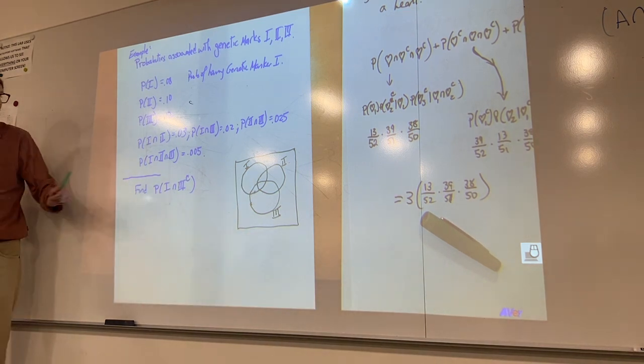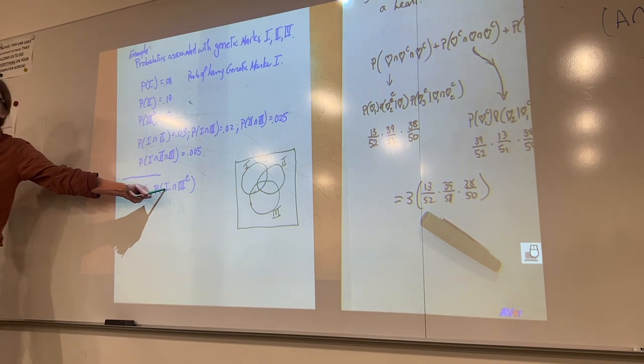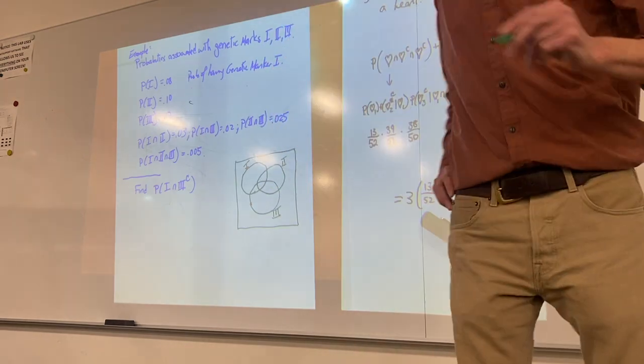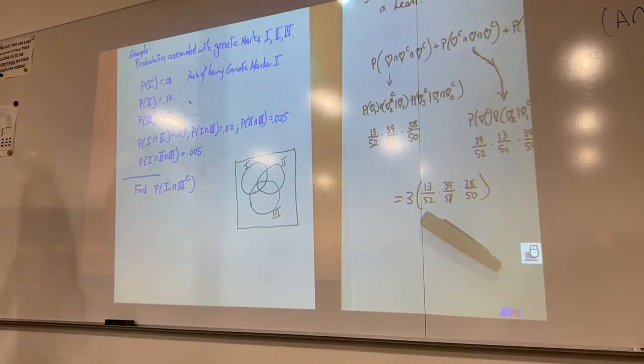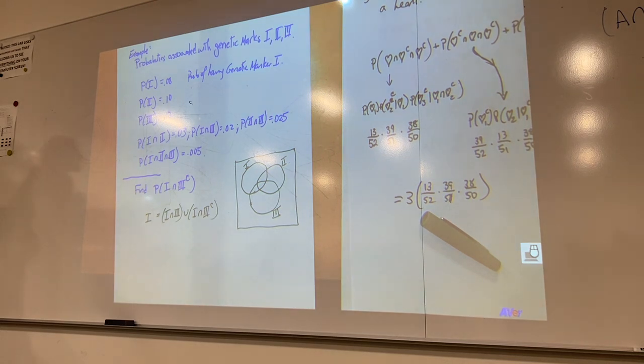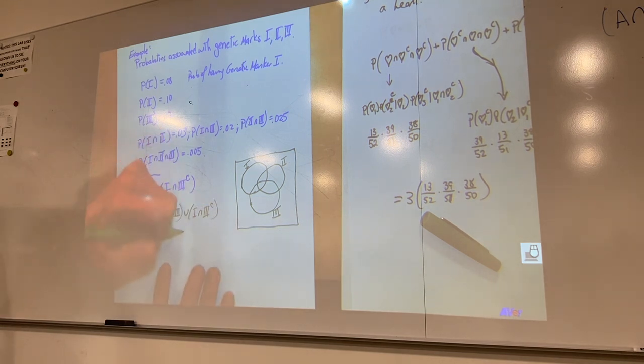So let's take marker 1 and decompose it by whether they do or do not have marker 3. Specifically, since event 1 is 1 and 3, or 1 and not 3, these are disjoint.